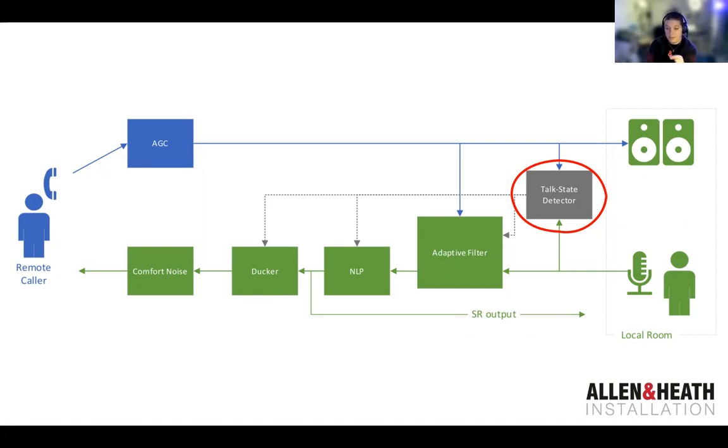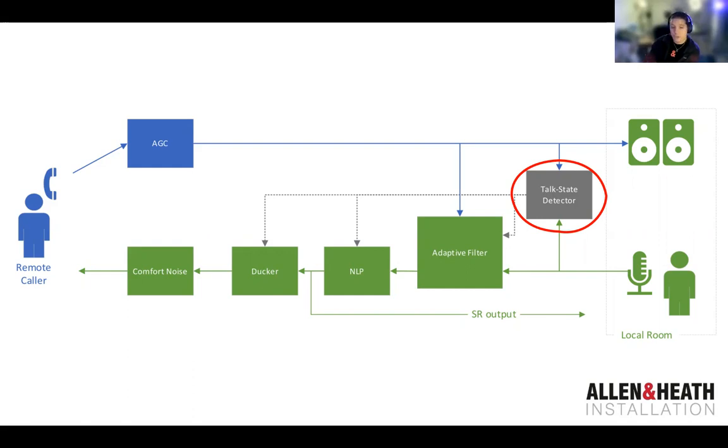So this information, like who's actually talking, is passed to multiple other blocks. As you can see right here, we've got these little dashed arrows. It's being passed along to those other blocks, so that when double talk is detected, for example, the adaptive filter doesn't update because it can't distinguish between what a far end echo is and what the local talker is. The filter would like explode. Not literally, of course, but it would not function.